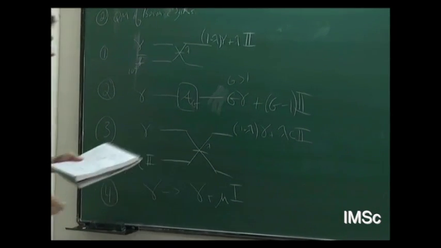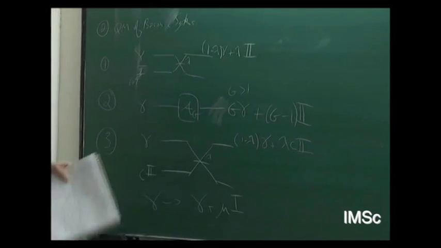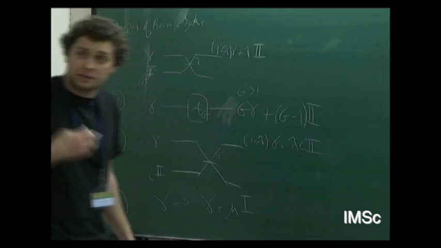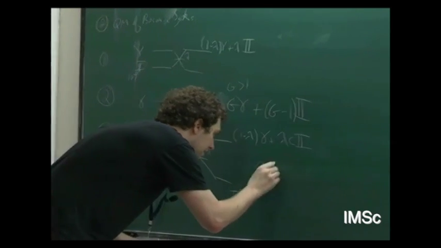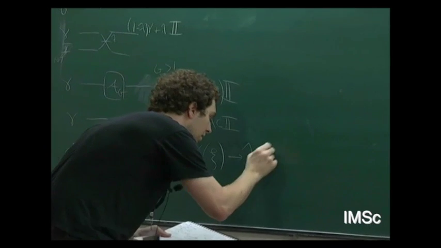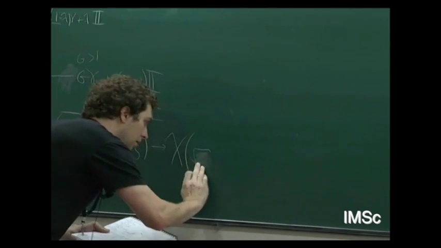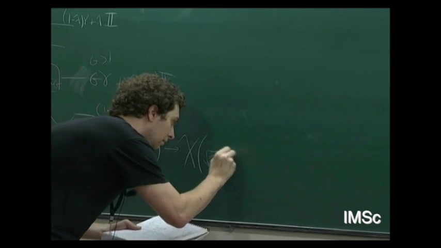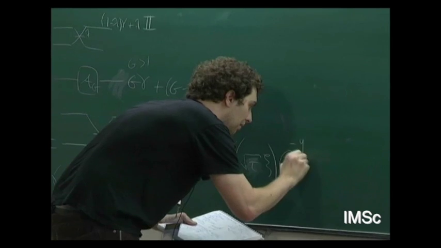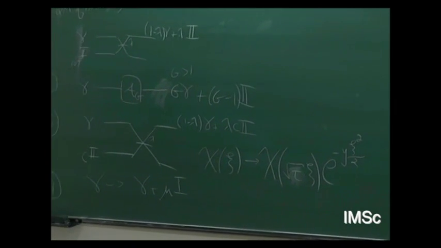And just as a reminder how one of these channels is going to act, on the characteristic function of the input state, it's going to map some psi to some rescaled version of the channel with some Gaussian multiplier.